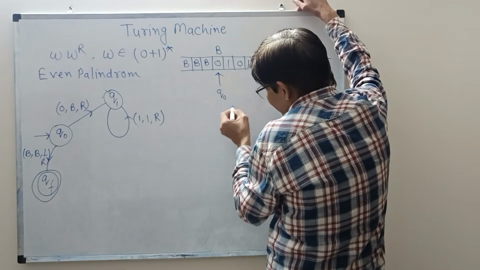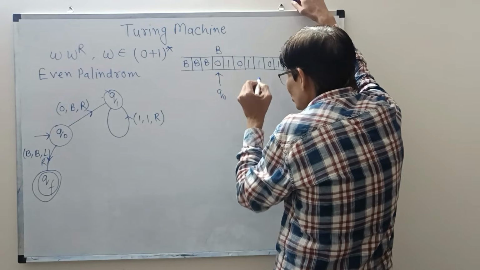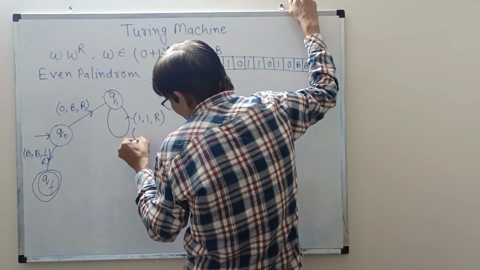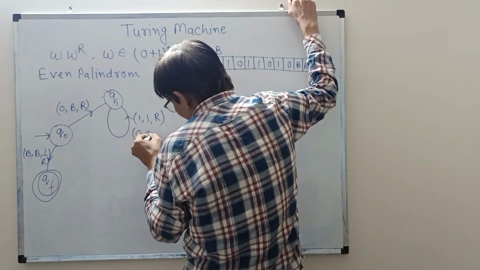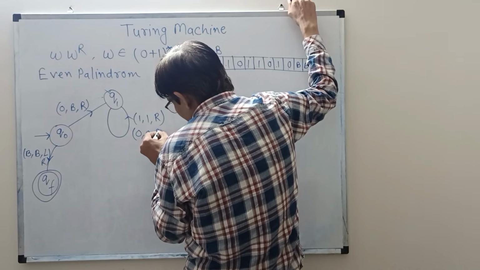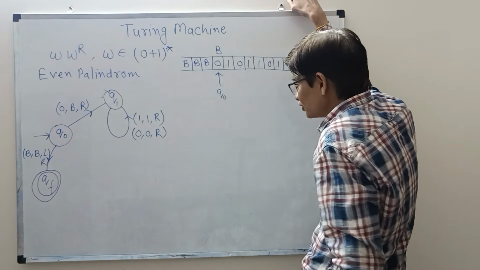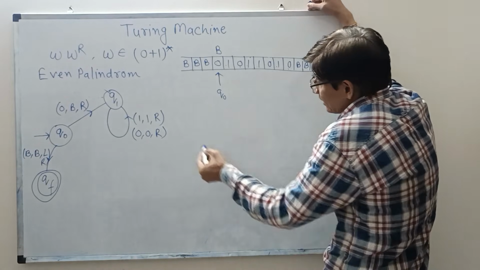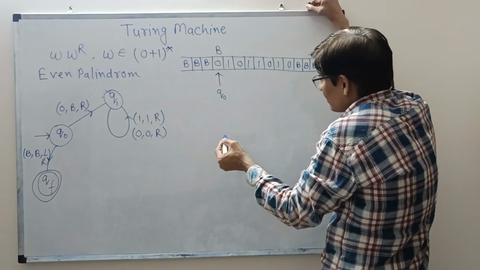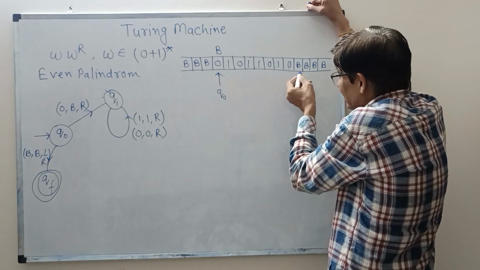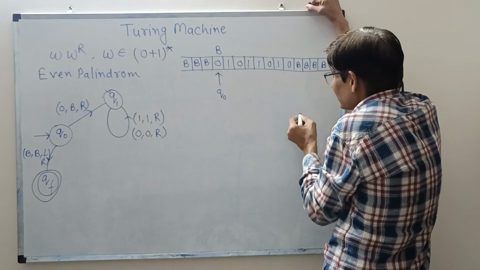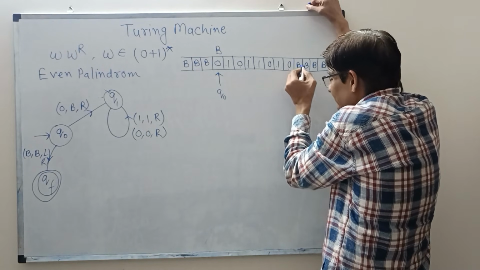On Q1, if we get 0, I leave it as it is and continue moving towards the right. So these two transitions will skip all these characters. So on Q1, you will get this blank.